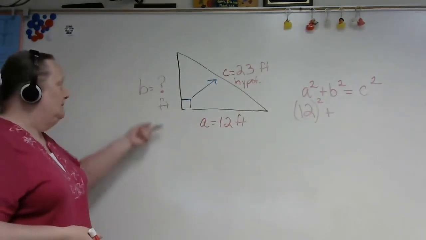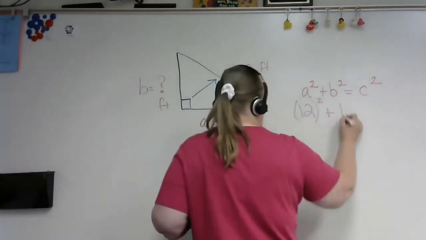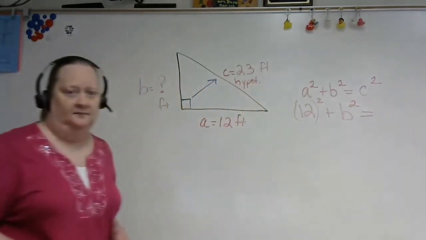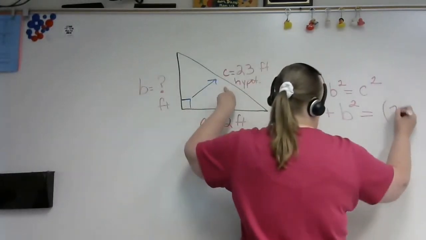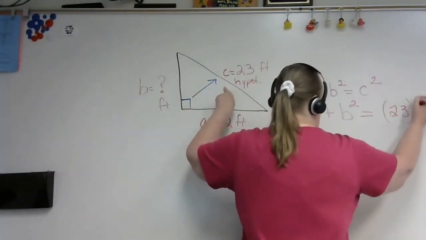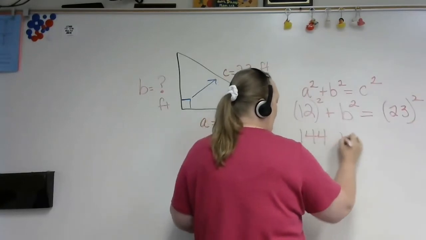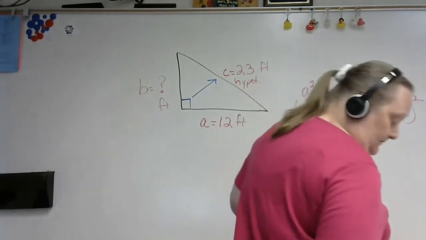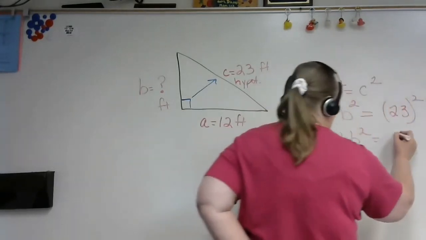B, I don't know, so B is the unknown, so I leave it B squared. C is 23, so that's where the 23 goes. 12 times 12 gives me 144 plus B squared. 23 squared gives me 529.